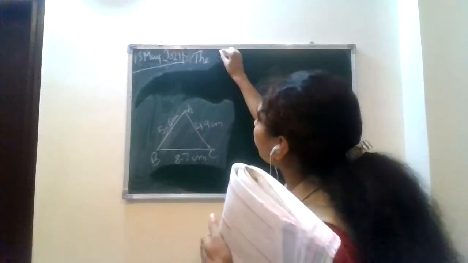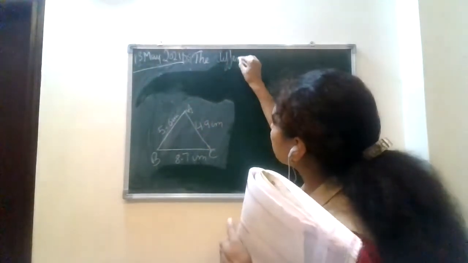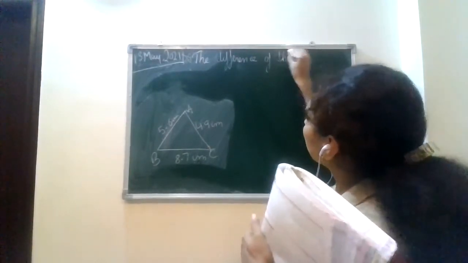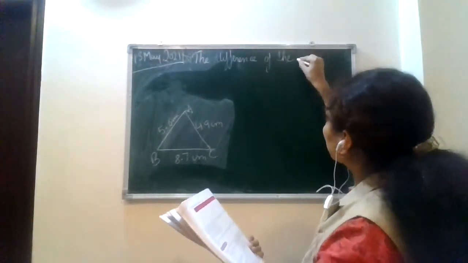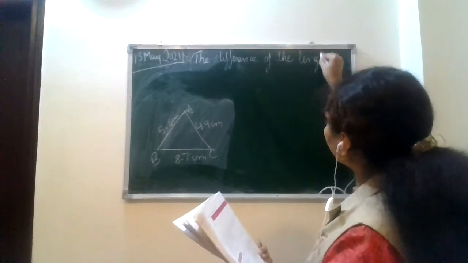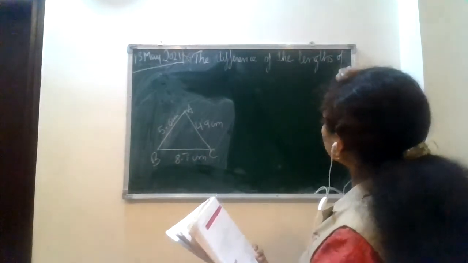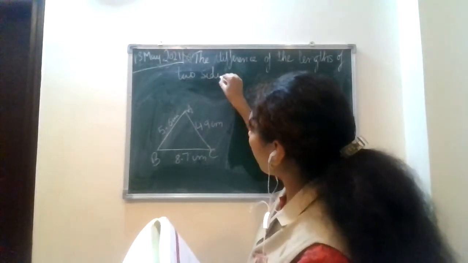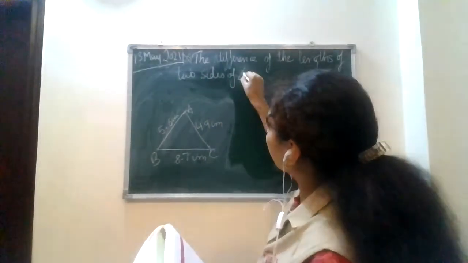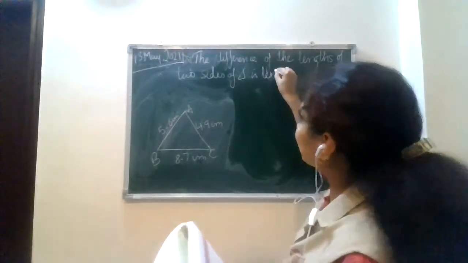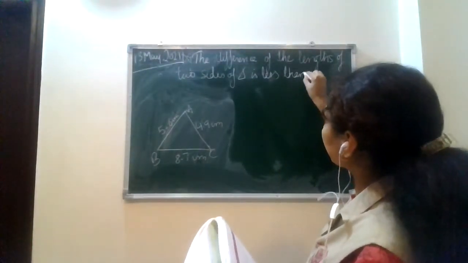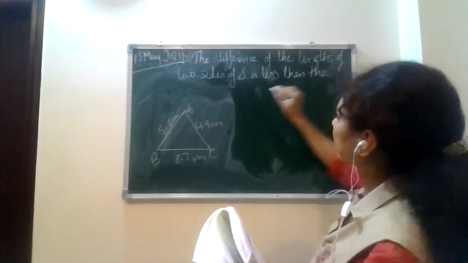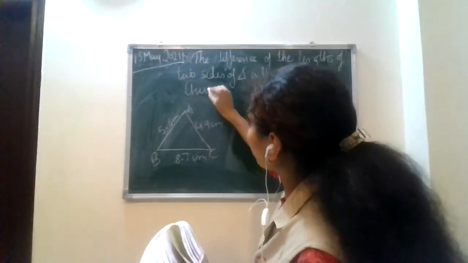The difference of the lengths of two sides of a triangle is less than the third side.